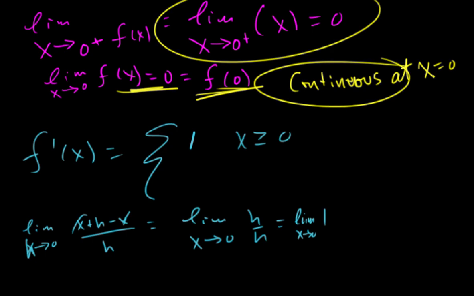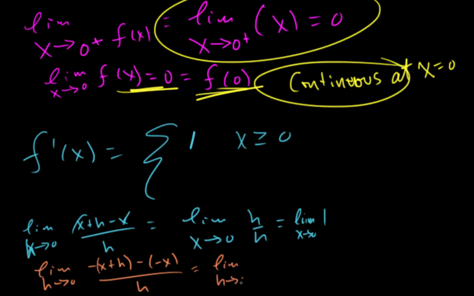And then if we do the same thing, the limit as h approaches 0 of negative x plus h minus negative x. Distribute that negative: negative x, negative h plus x over h.